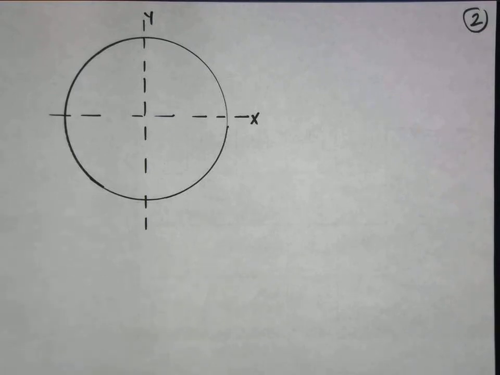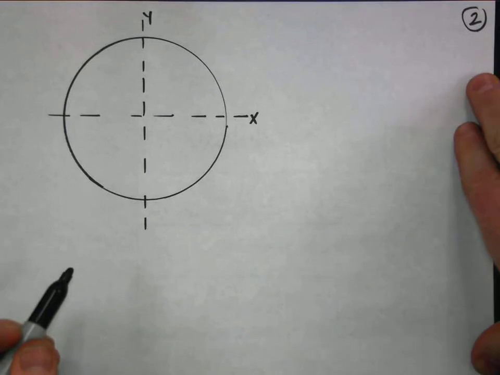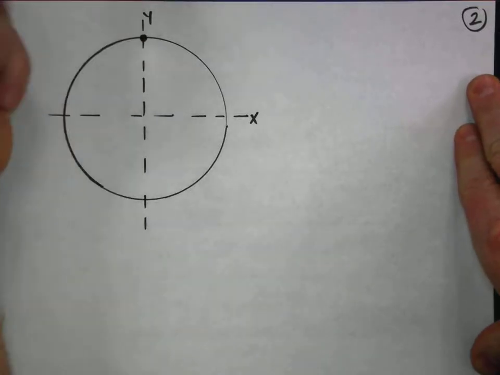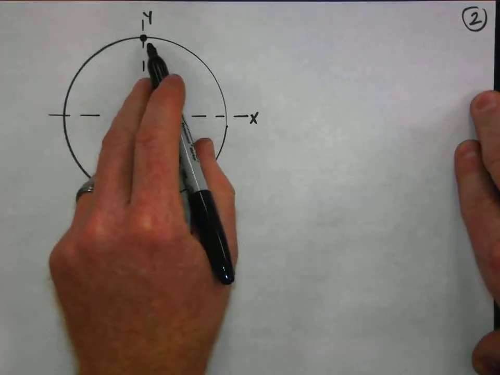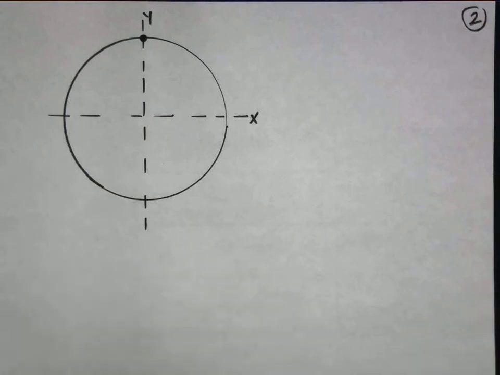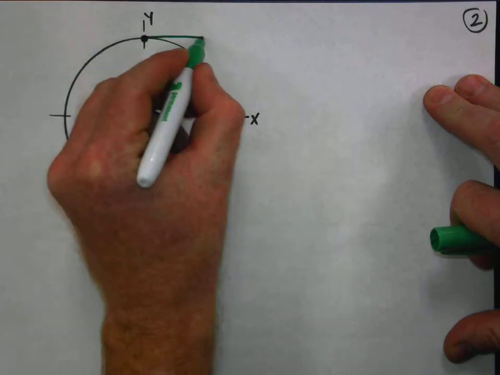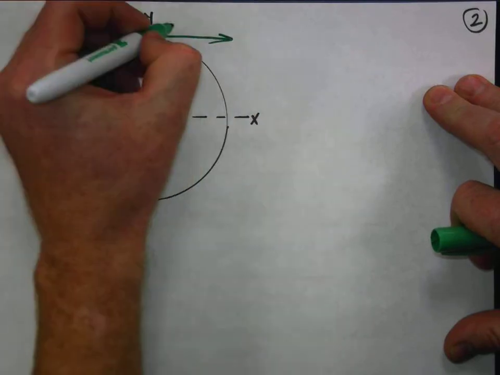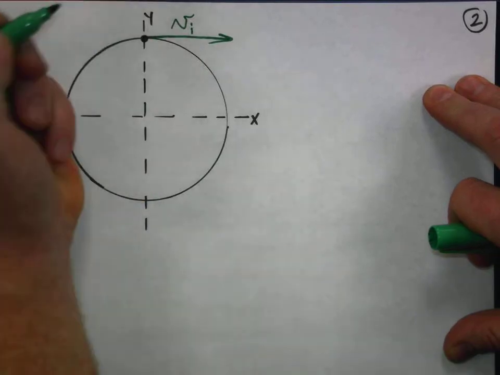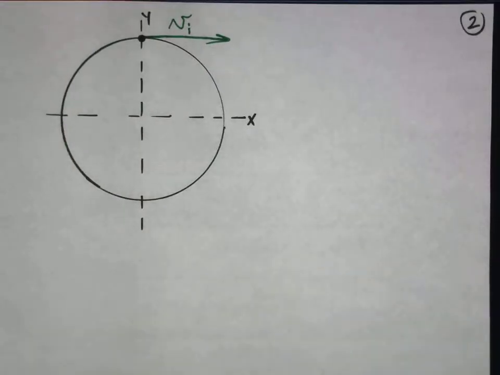But what I'm going to do first is analyze this, and I'm going to say, well, I have an object. Here's the center of the circle. Here's where the object is at this moment in time. And this object currently is headed in this direction. So there is an initial velocity there, right? And then sometime later, the object is here.